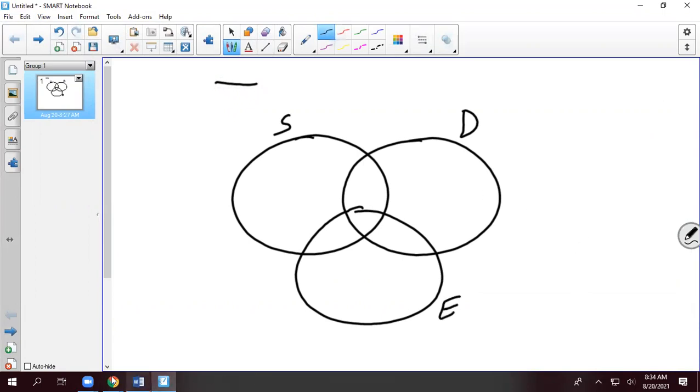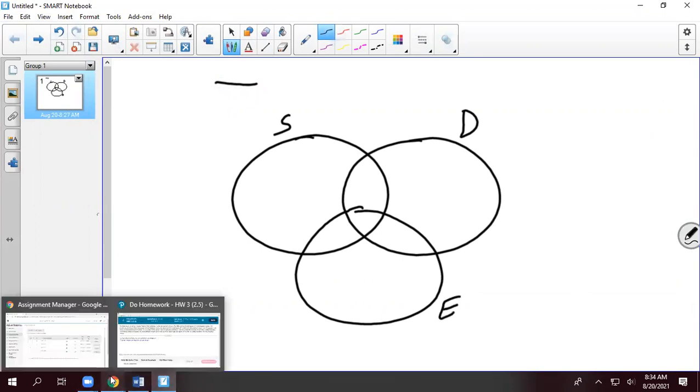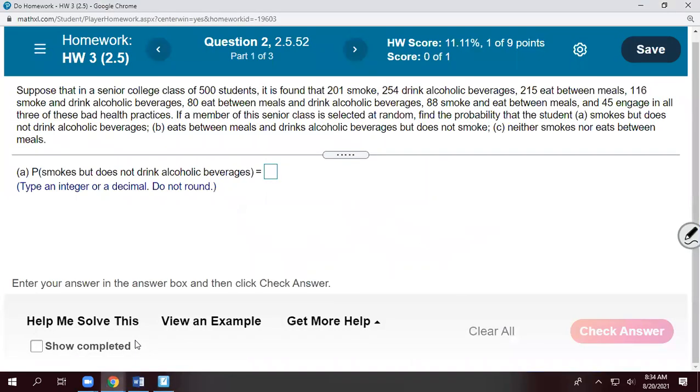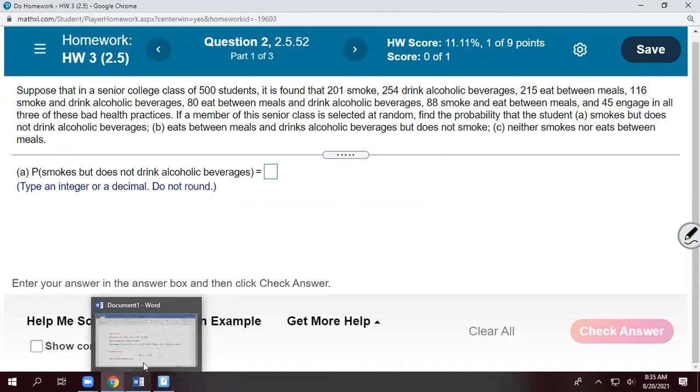And then let's fill in whatever information we can. So we see that 201 smoke, 254 drink, and 215 eat between the meals.